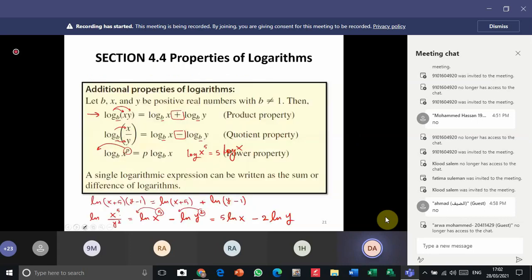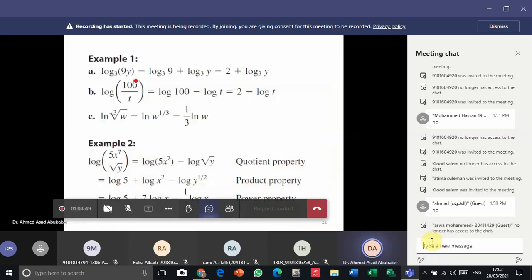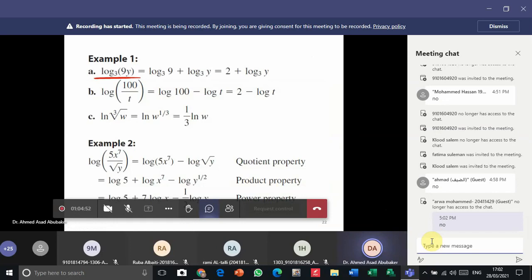Any question about these properties? So if we need to simplify this, it means log of 9 to base 3 plus, because this is a product, log of y to base 3. And we can write 9 as 3 squared.